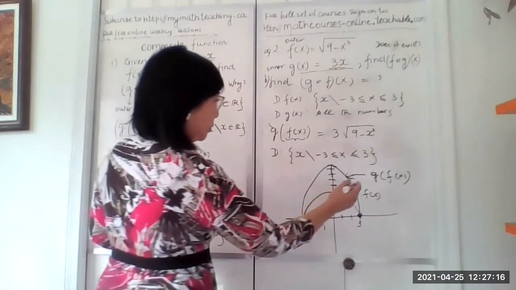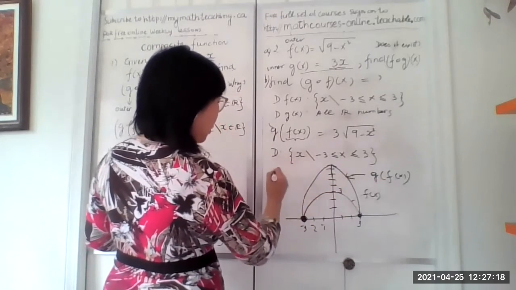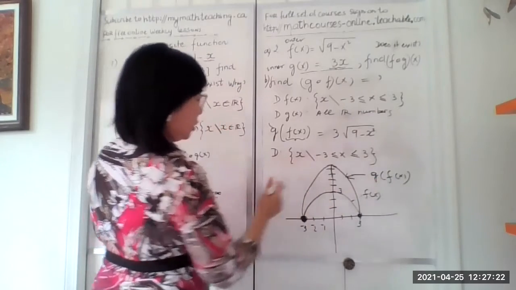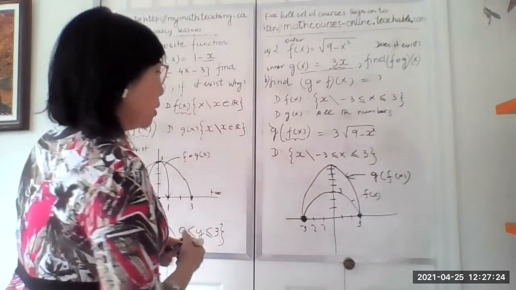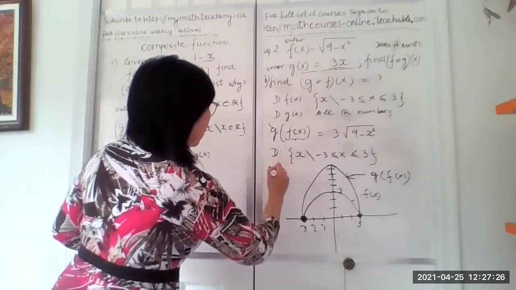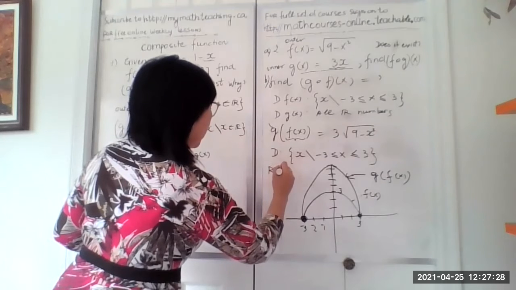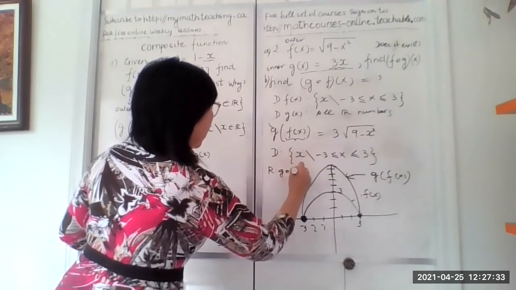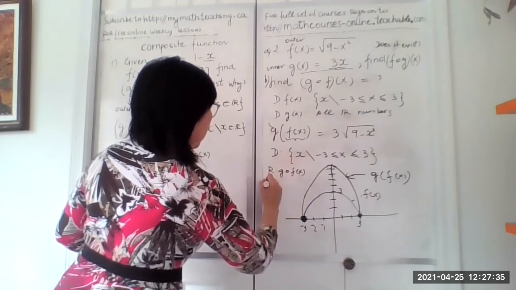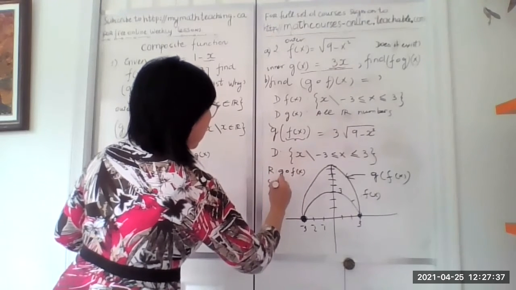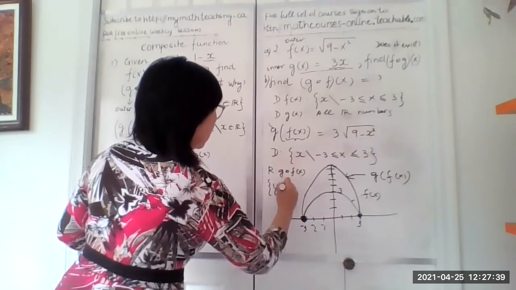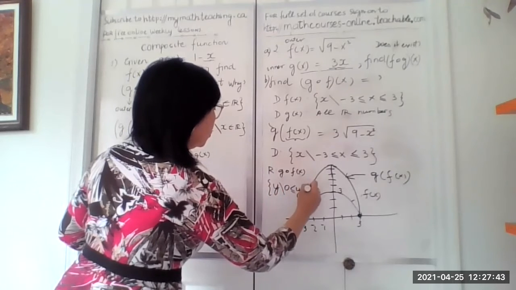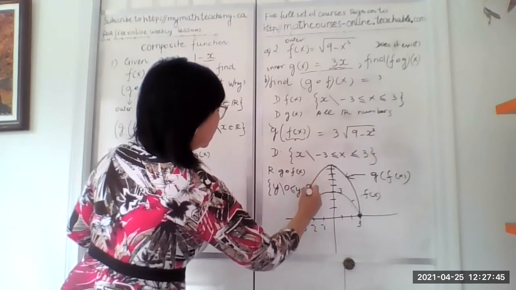And let me state the domain of our new function. And actually the domain of our new function is already stated here. So what about the range? The range of the function g of f of x will be a set of y such that 0 less than or equal y less than or equal 9.